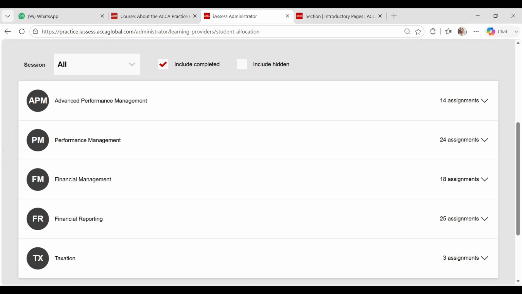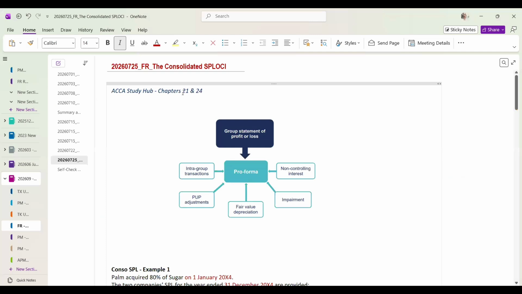Then there is a requirement that the company which has got control should bring together its financial statements and those of the one over whom control is held.